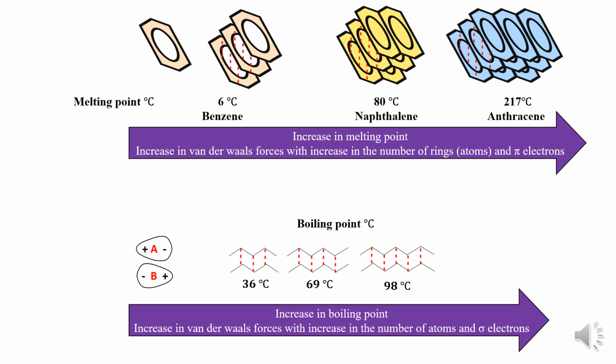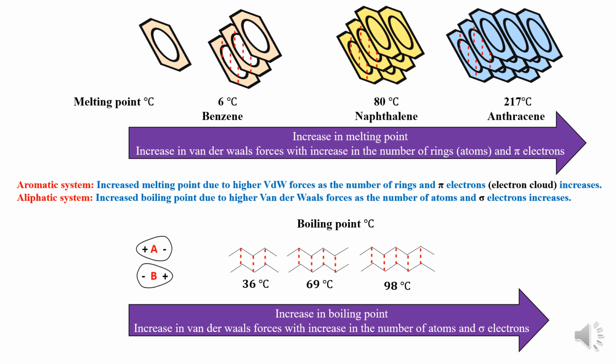And same holds good even for the aliphatic hydrocarbons like pentane, hexane and heptane. So there is increase in the boiling point of the open chain aliphatic hydrocarbons, that is pentane, hexane and heptane, with increase in number of atoms and sigma electrons. So there is active involvement of pi electrons in case of aromatic rings and involvement of sigma electrons in case of aliphatic alkanes.